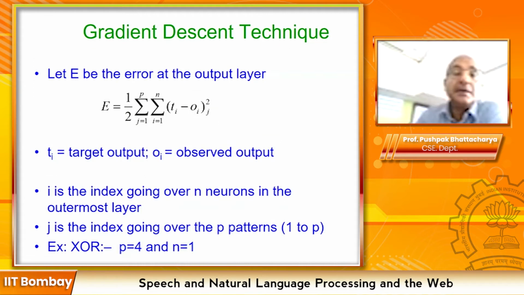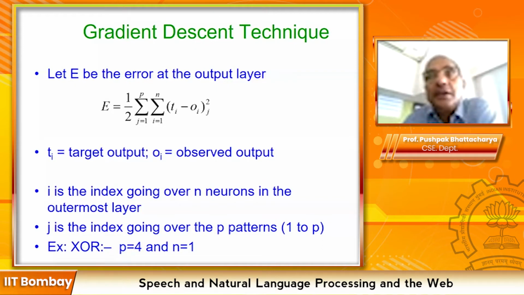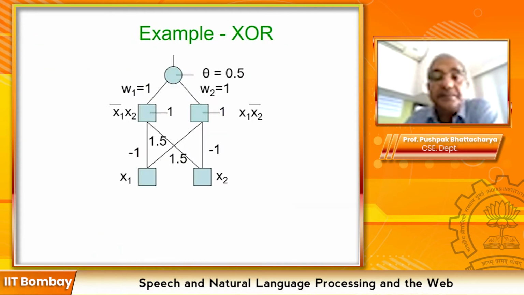So now we introduce a technique called gradient descent technique, which is an iterative algorithm for fixing the weight values of the neural network. Okay, again, I'll remind you that in perceptron training algorithm, we would add the failed vector to the weight vector and thereby change the weight values.